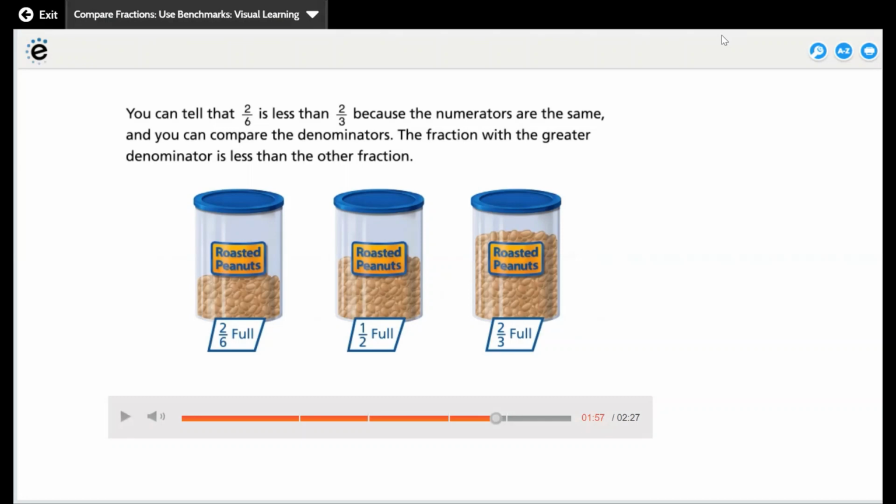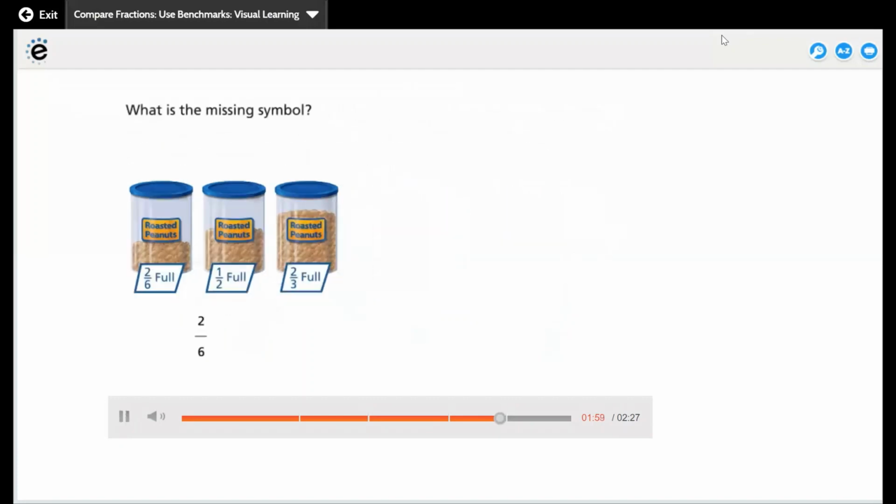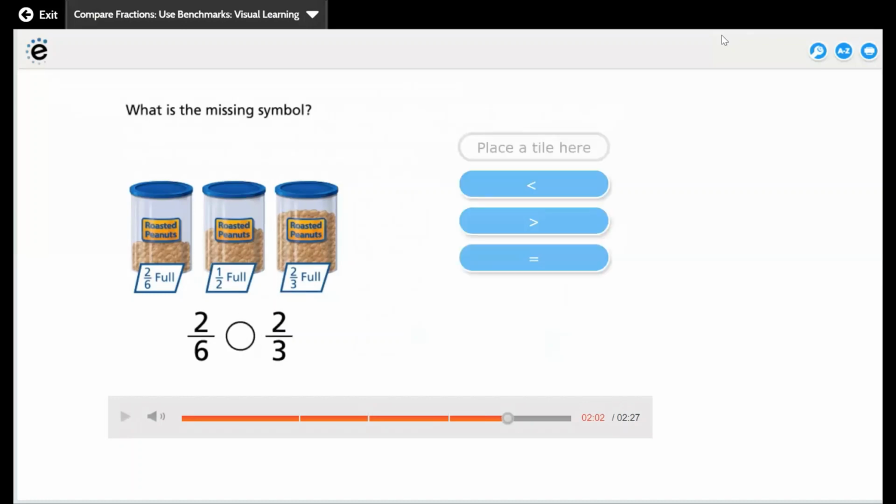So here, as we took in the previous lesson, if we want to compare two fractions with the same numerator, the fraction with the smaller denominator will be greater than the other fraction. What is the missing symbol? Select your answer.